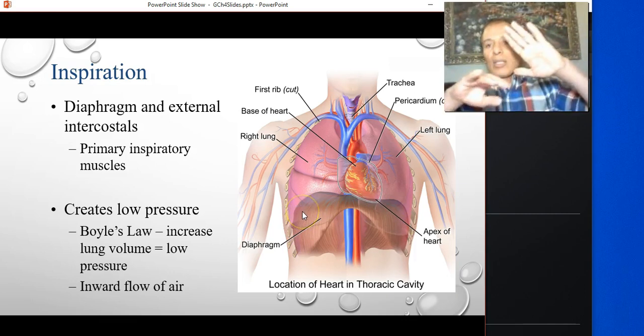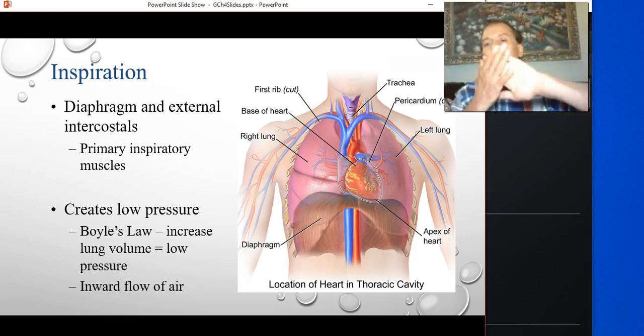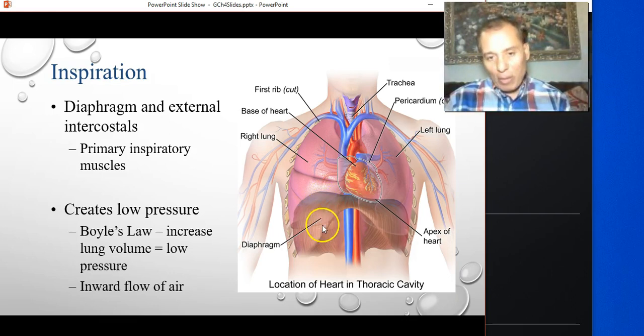They stick like 2 pieces of glass stuck together. So whenever the diaphragm goes down, it pulls the lungs with it and inflates them.